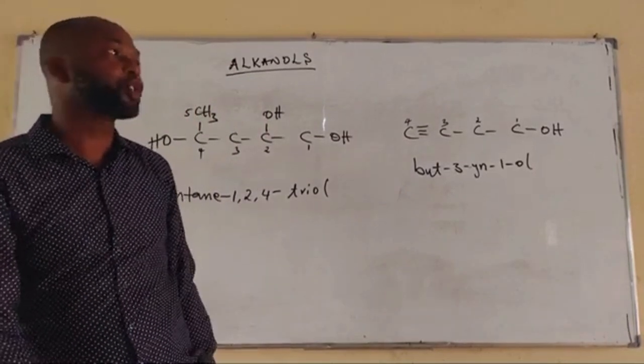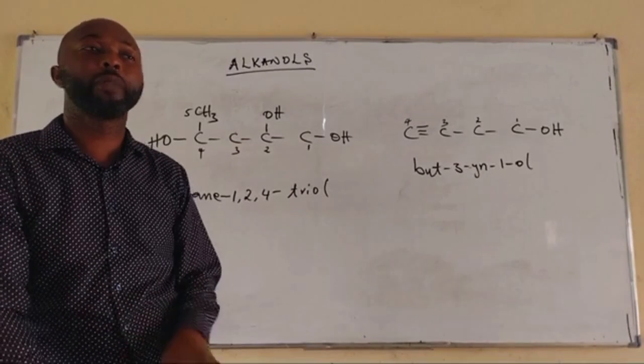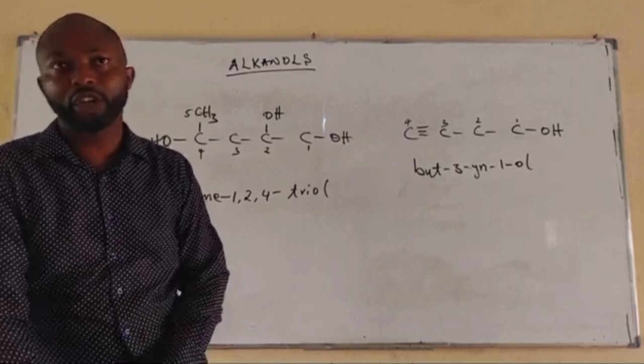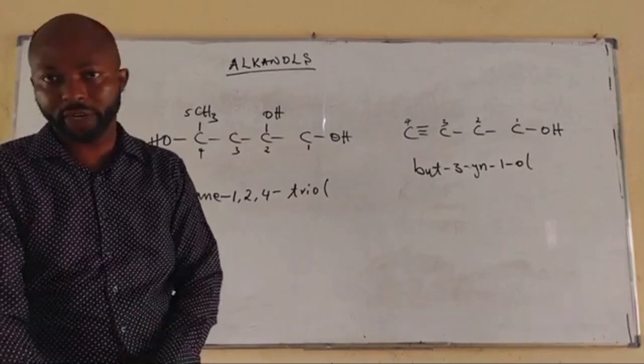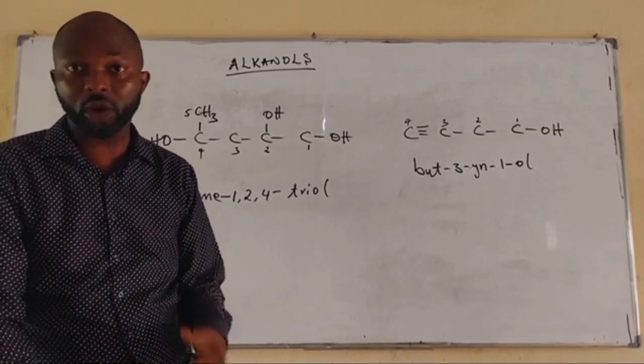Now we look at isomerism of alkanols. What is isomerism? A phenomenon whereby compounds have the same molecular formula but different structural arrangements. This exists in alcohols too, or alkanols.